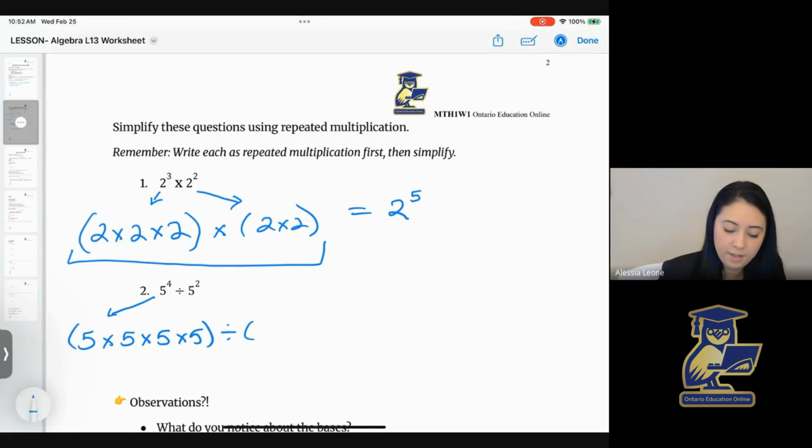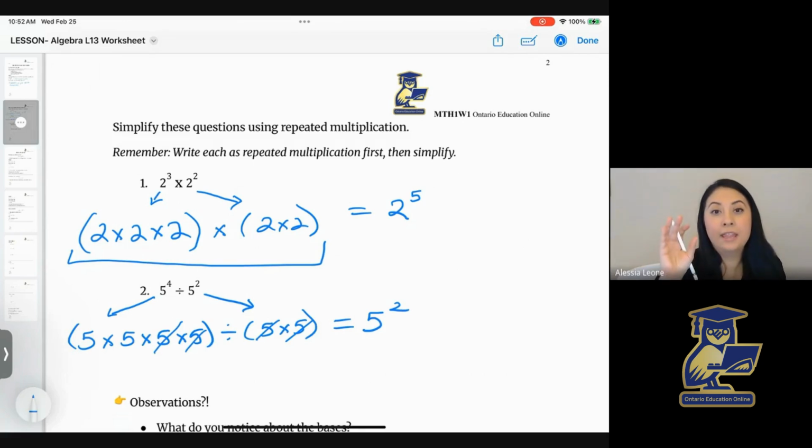Divided by, and then 5 to the power of 2. So this one we need 2 5s. Here, we're going to cancel 2 of these 5s. That leaves us with 5 to the power of 2.